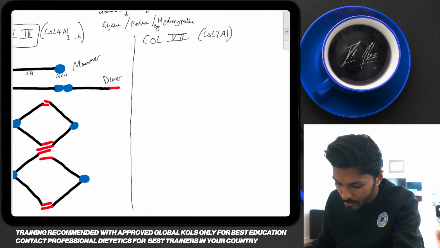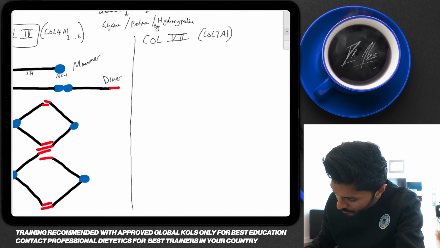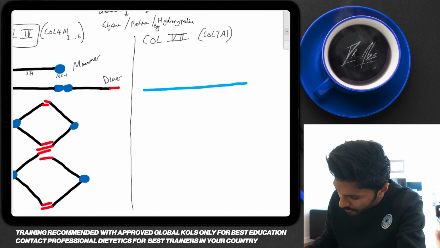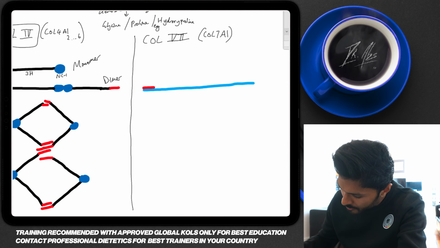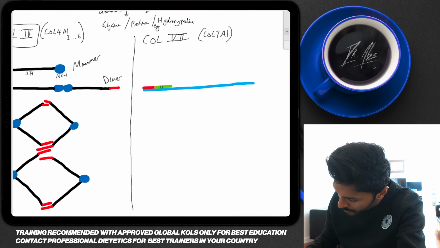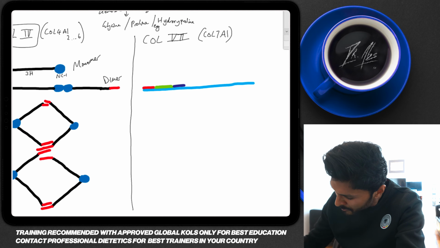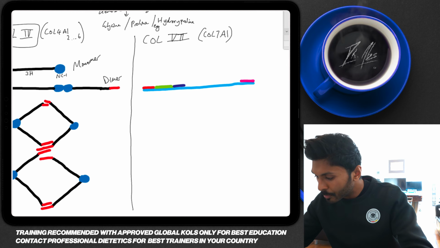Use a different pen size. What size is my pen? There we go. Okay. So we've got, let's say it's like this, and then we have a section there. We have, let's use green, a section there, and then purple, a section there, and then let's use pink, a section on the end over here as well. And let's label those up.